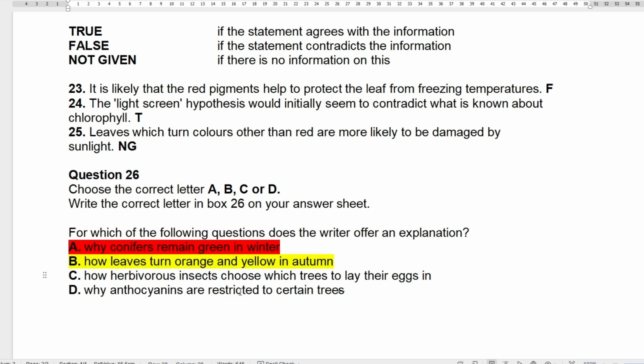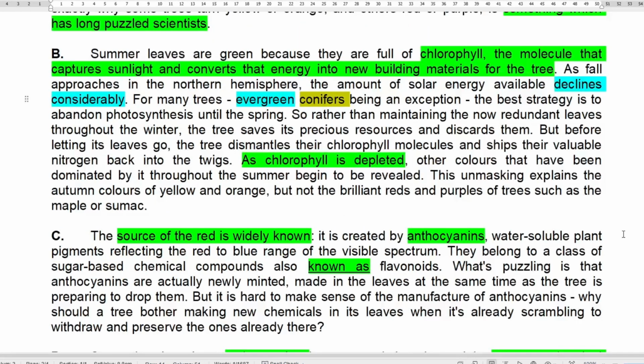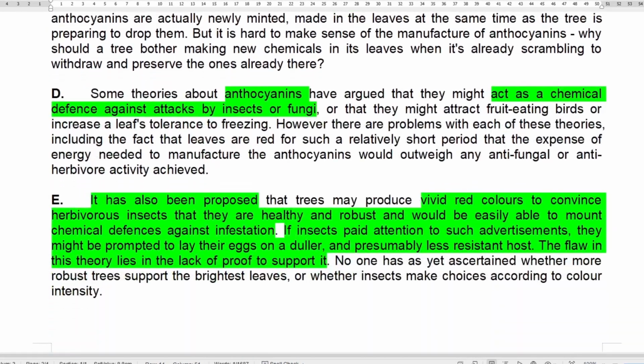How herbivore insects choose which trees to lay their eggs on? Yes, we do have some particular portion of it. It says that they are healthy and robust and would be easily able to mount chemical defenses against infestation. If insects paid attention to such advertisements, they might be prompted to lay their eggs on a duller and presumably less resistant host.